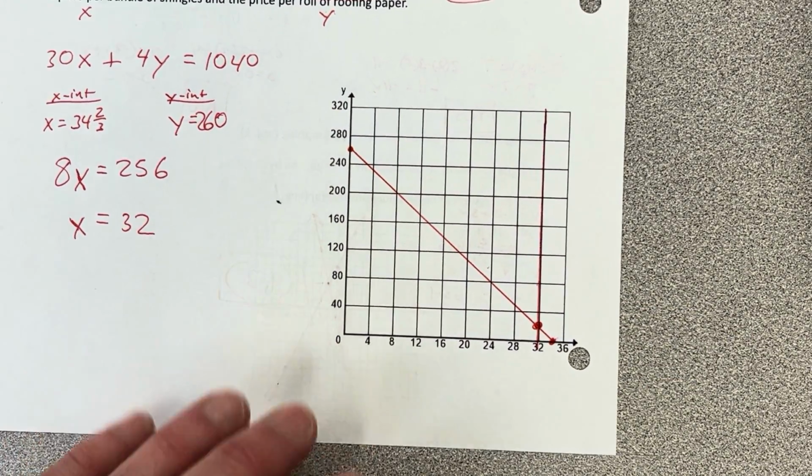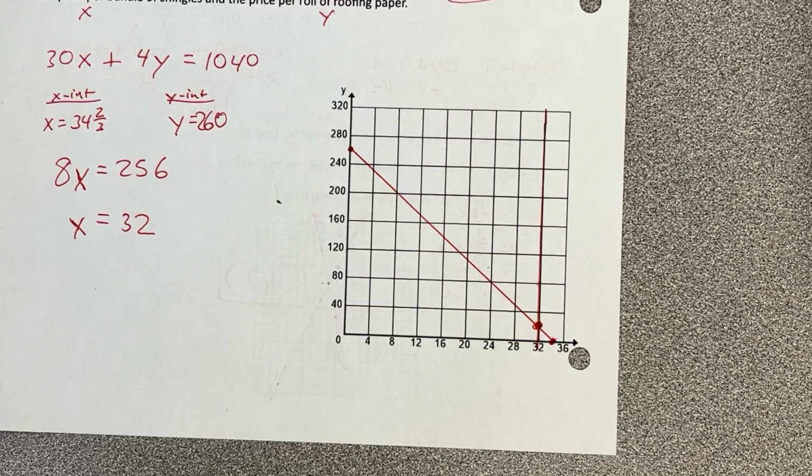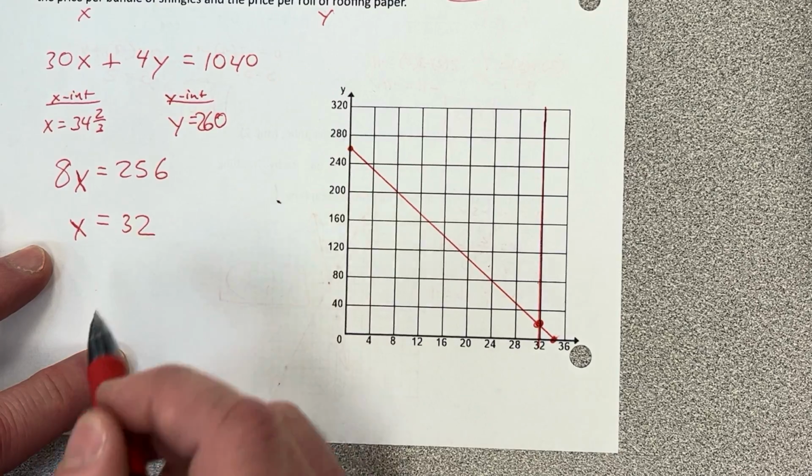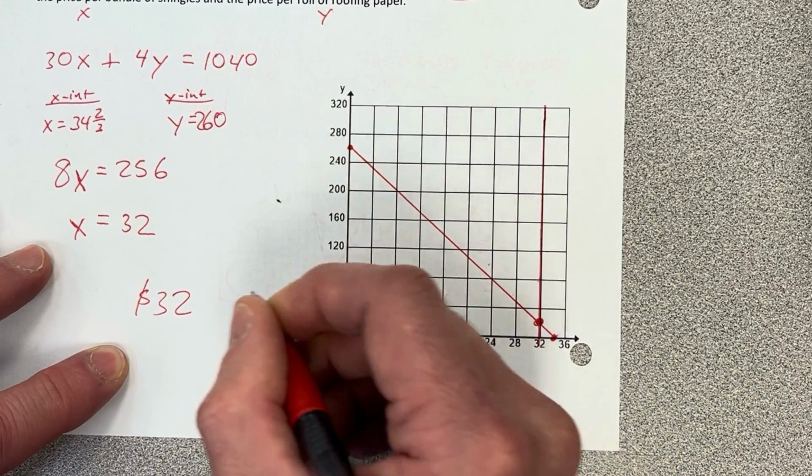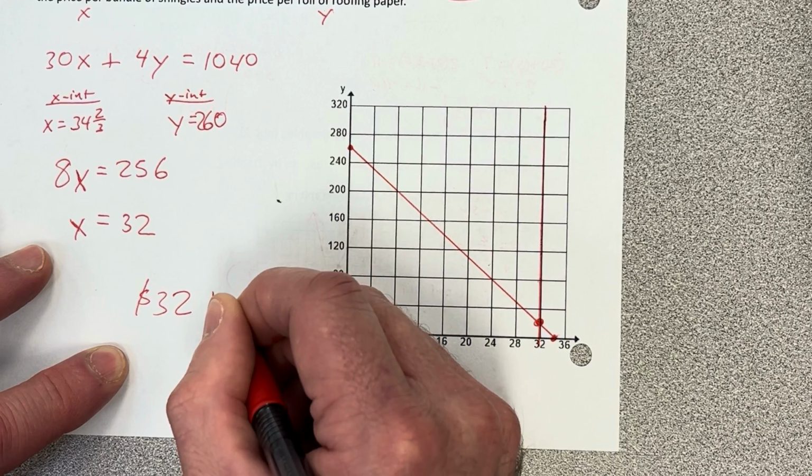Now class, here's the downside of solving these by graphing: if where they intersect doesn't hit perfectly on a grid mark, you have to guess or estimate what the answer is. I know my x is 32, so that's going to be $32 for the bundle of shingles.